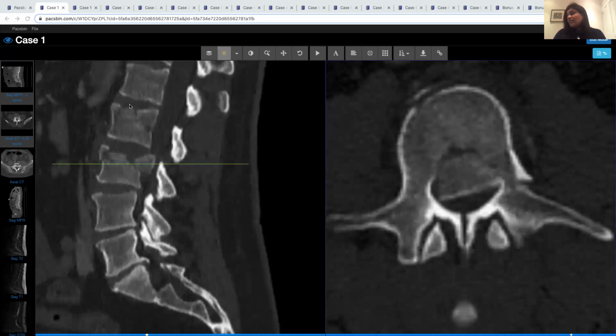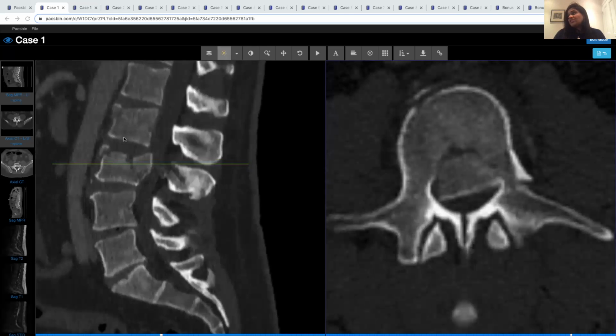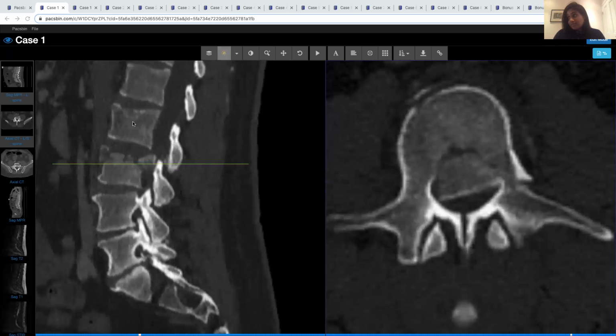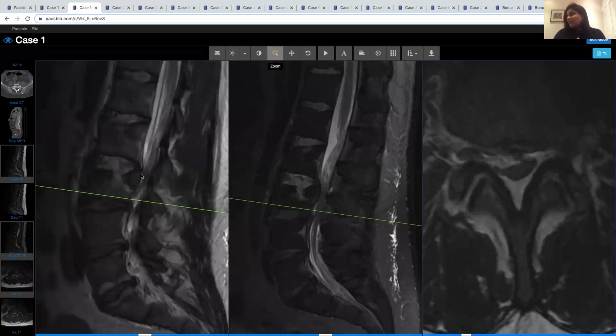At the level above, we have an anterior superior corner fracture, doesn't involve the posterior cortex, doesn't involve the inferior end plate. So this is a simple compression fracture. When we look at the MRI for this study, we can see that the fracture is delineated more clearly here.